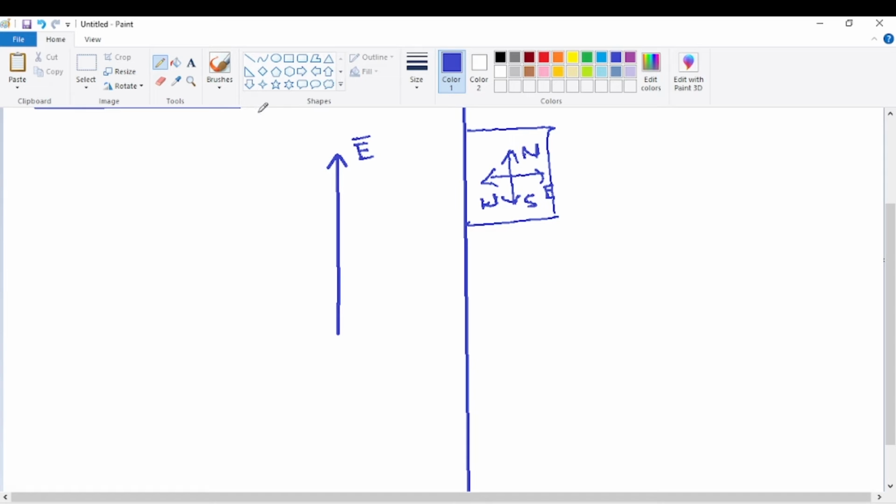Now put a dipole here. How is the dipole placed? Just see here, this way. Both the charges of the dipole are equal and opposite. I'm taking the negative charge first here. This is the negative charge of the dipole, minus q. The positive charge is somewhere here, this way.